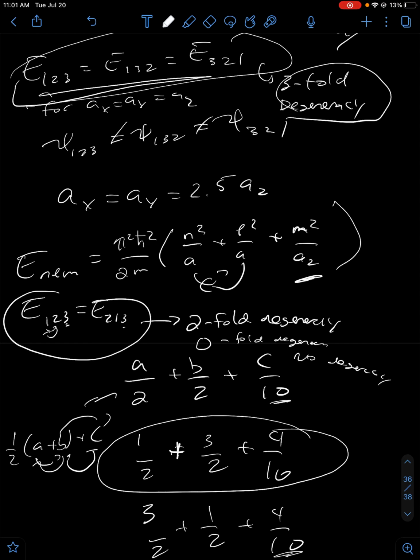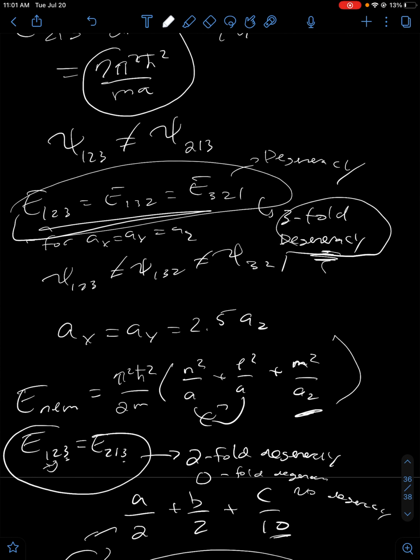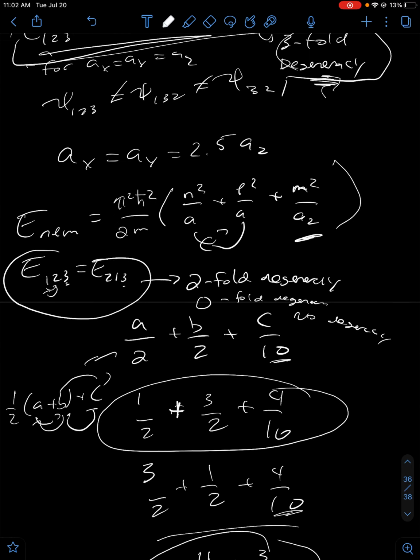So the highest degeneracy that we can have in this cubical box region is threefold degeneracy, right? Since that's when ax equals ay equals az. But when that's not true, we have twofold degeneracy, and when none of the values equal each other, we just have, well, I guess you could say 1 degeneracy, but it doesn't really make any sense. We usually just say no degeneracy.